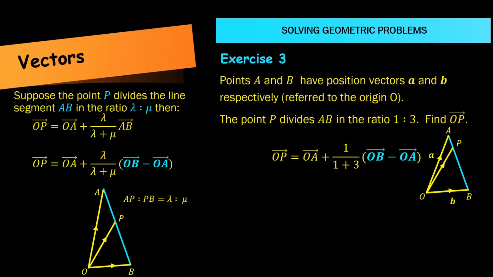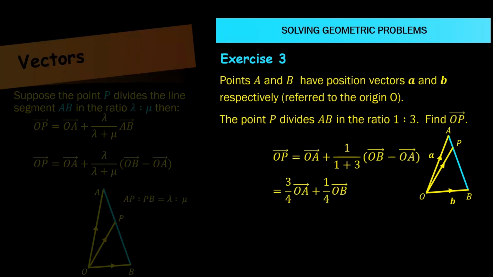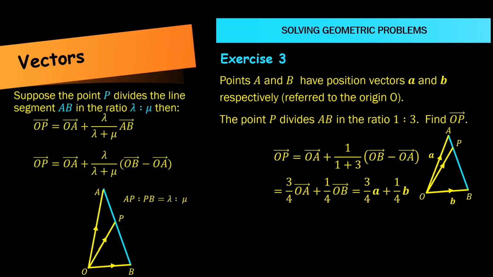And if we tidy up, putting the OA's together, we obtain 3/4 OA and the OB, which is 1/4 OB. And this, of course, is 3/4 a plus 1/4 b, where little a and little b are the position vectors.